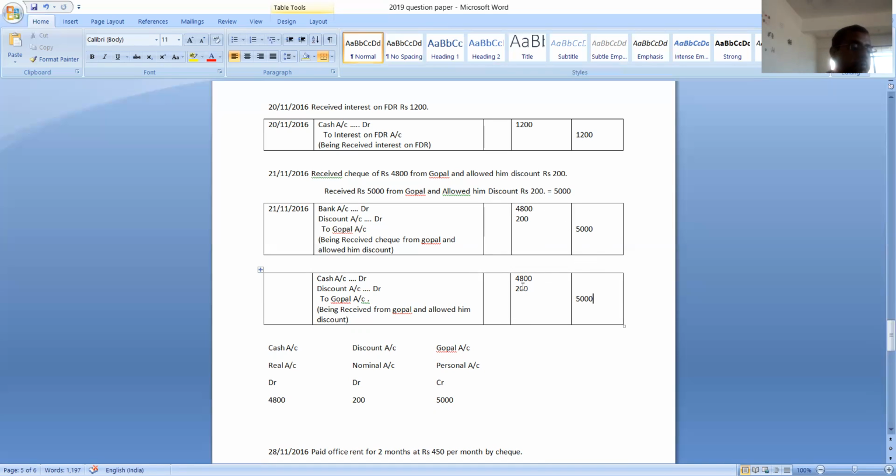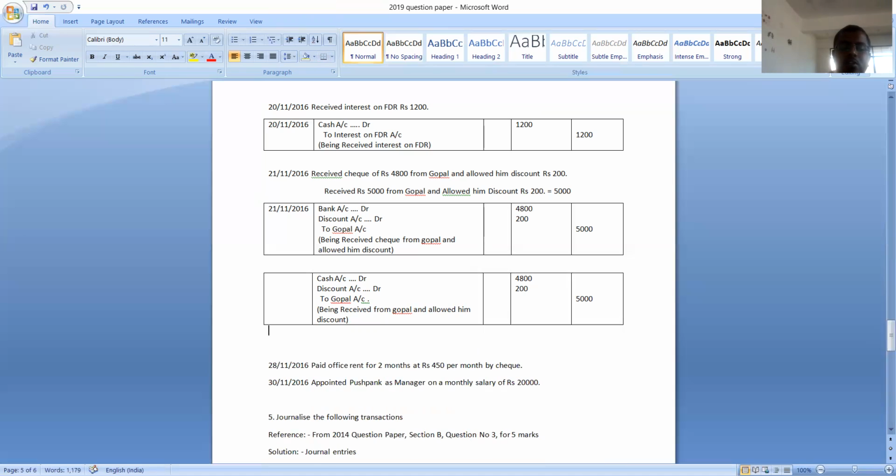When the payment is made or received in the form of cheque, we should treat the value of the transaction and the discount amount separately. When it is made or received in the form of cash, the discount amount should be deducted from the value of the transaction. It is all about the treatment of transactions in connection with discount.